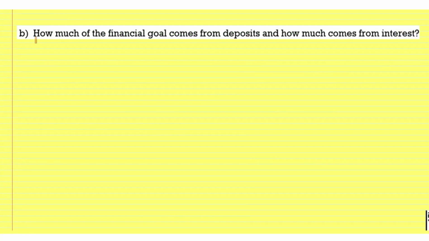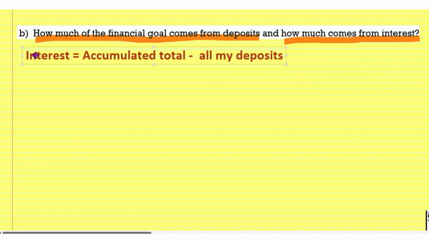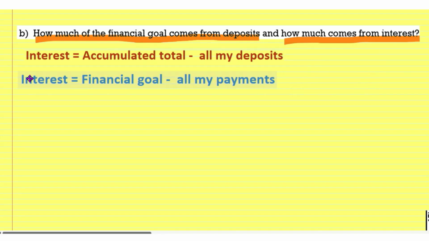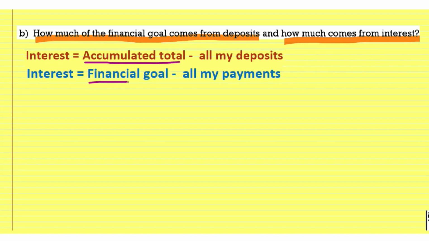Okay, part B says how much of the financial goal comes from deposits and how much comes from interest. So let's calculate our interest. We can say interest is equal to accumulated total minus all my deposits. Another way to think about this is interest is equal to the financial goal. So we got to understand that our accumulated total is the same thing as our financial goal.